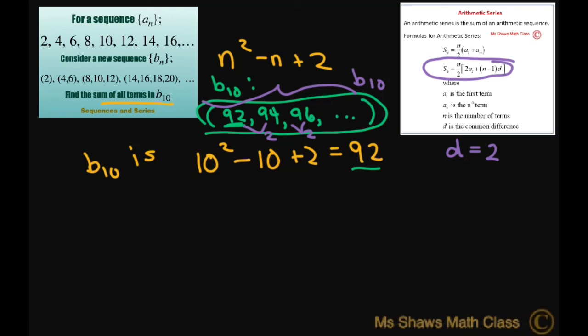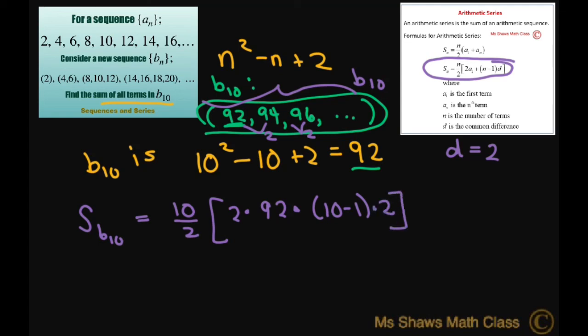So the sum of b sub 10, or the first 10 numbers, is going to equal 10, that's your n, divided by 2. Then we're going to have 2 times 92 plus, that's your first term, 10 minus 1 times d. Our d is 2. All right.